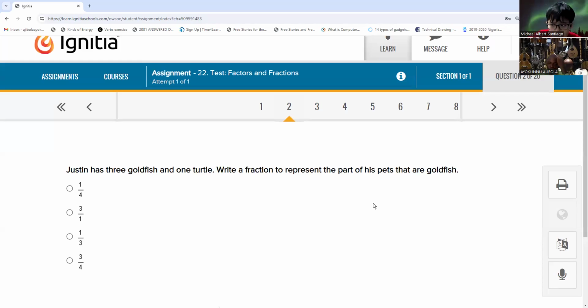Read the question. Concentrate. Goldfish. And so what's your answer now? It's not the third option, it's the last option. 3 over 4. 3 goldfish out of the 4 pets, okay?